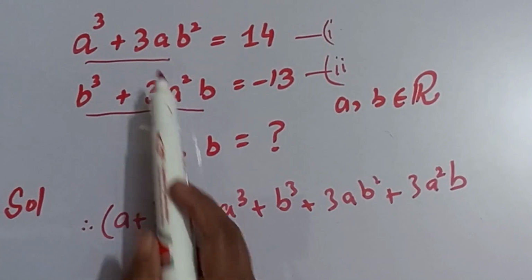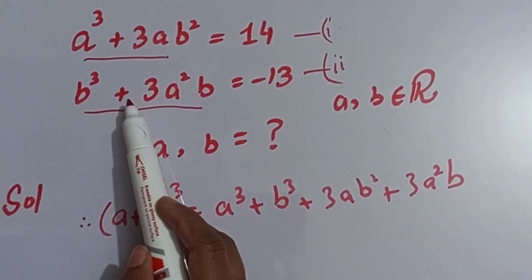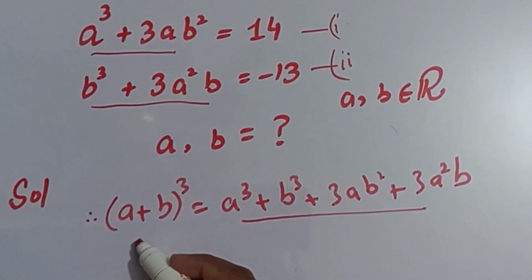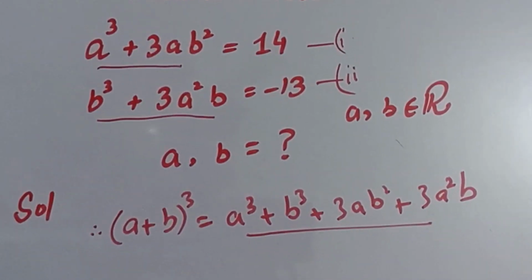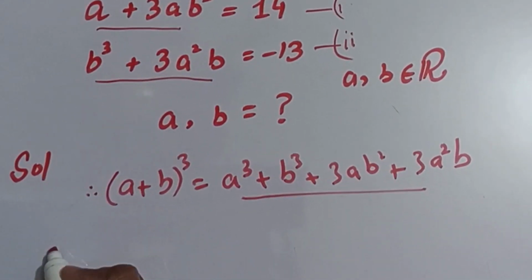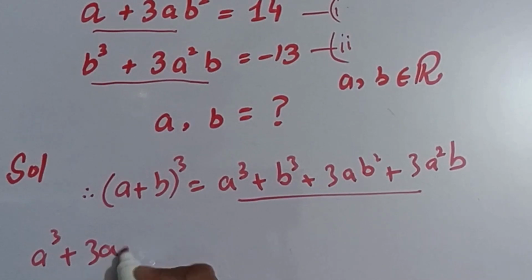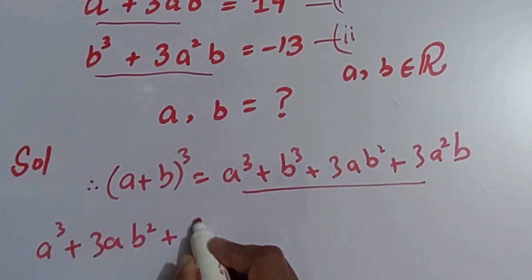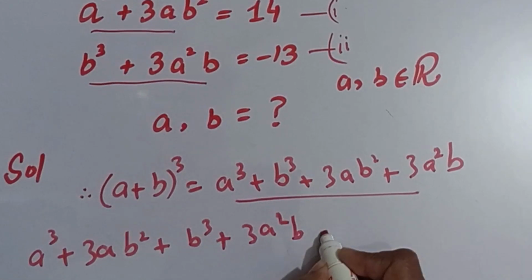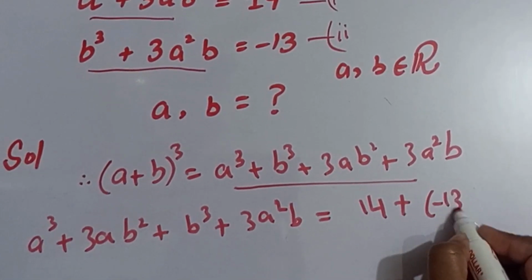So focus on equations 1 and 2. If we add these two equations, then the left hand side will become this one, and we use this identity on the left hand side. The left hand side is a cube plus 3 times a b square plus b cube plus 3 times a square b, which is equal to 14 plus minus 13.